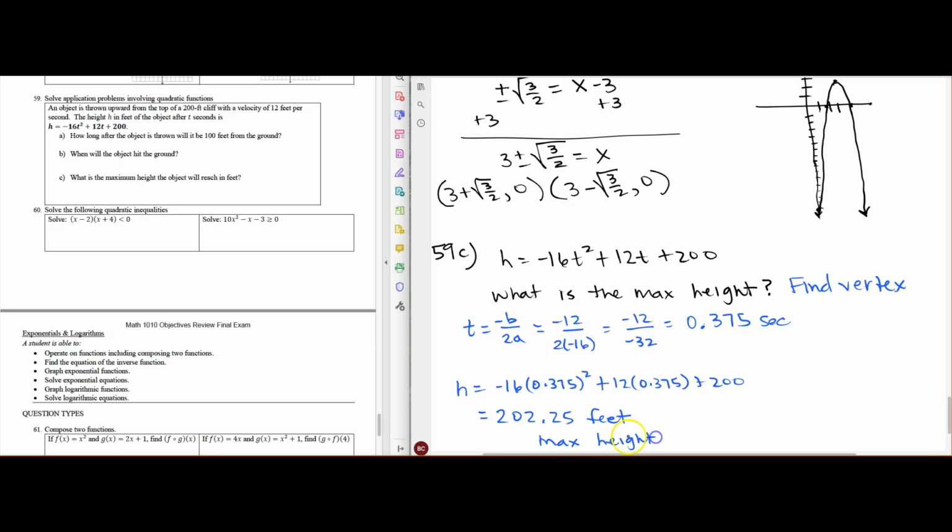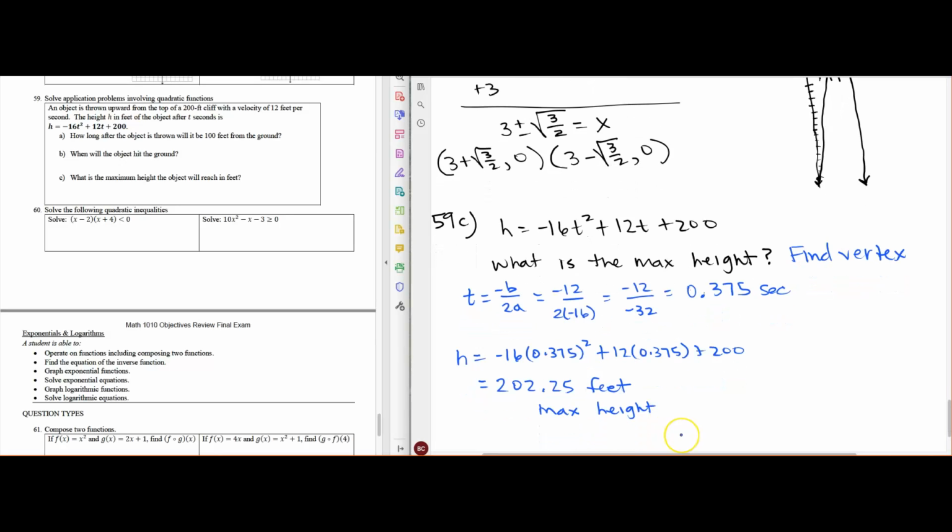I didn't square after the 16, that first 0.375. Okay, yeah. I could have. They didn't throw it very high from their starting point. No, they didn't. But that's why it only takes 0.375 seconds, right, to get there.